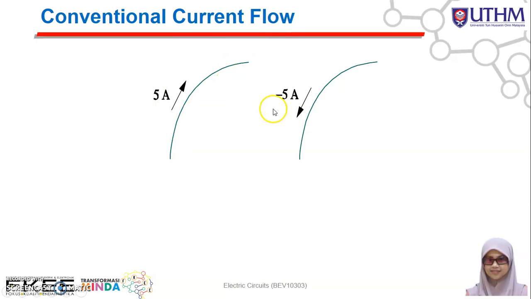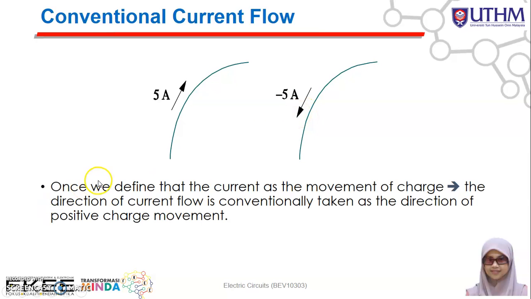Okay, so let's say if you put the conventional current flow as negative 5 ampere, we know that the current flow is actually the same as from this side to this side, but if you put it the other way around, you must put the symbol of negative 5 ampere. Once we define that the current is the movement of charge, we know that the direction of current flow is conventionally taken as the direction of the positive charge movement.